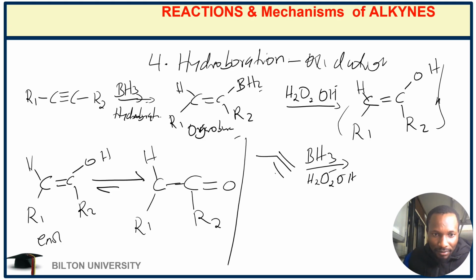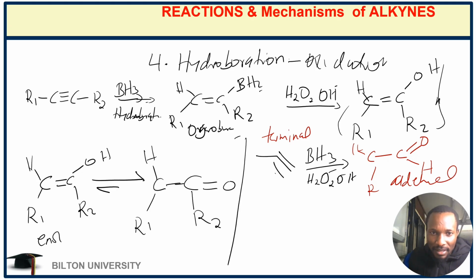This is going to give you an aldehyde. So you're going to have a carbon, and that one I'll just call R and H. So if you have a terminal alkyne, you're going to form an aldehyde.